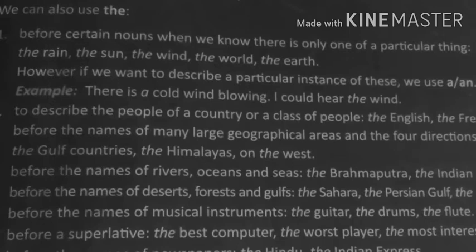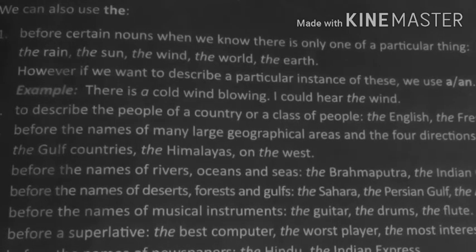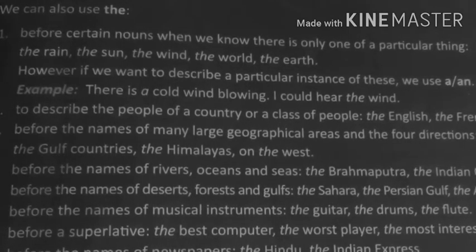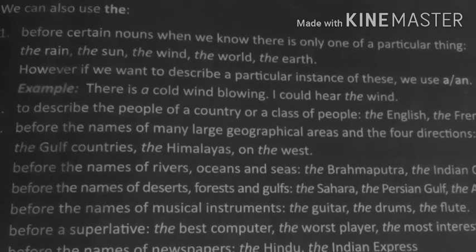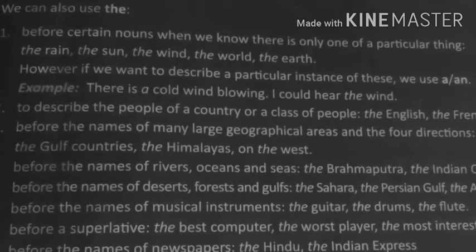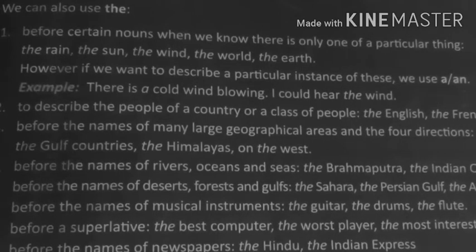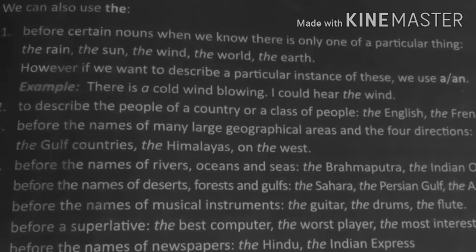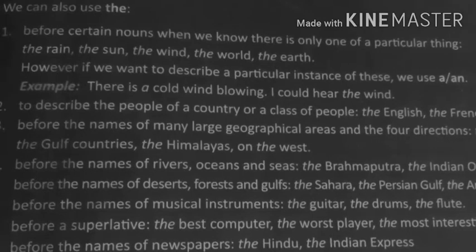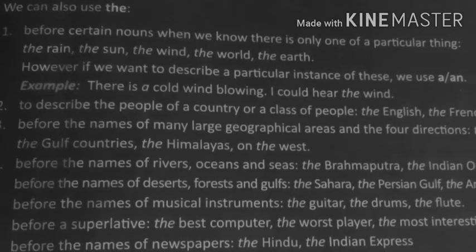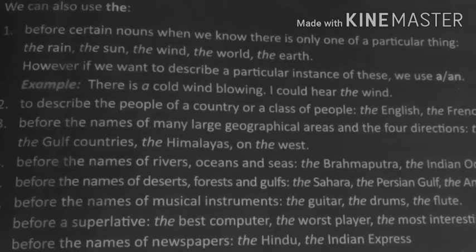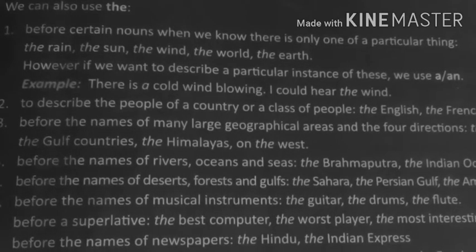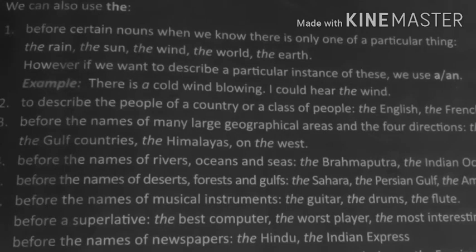Let us know some more examples of where it is used and how it is used. We can use the before certain nouns when we know there is only one of a particular kind of thing, or we can say universal truth, or referring to nature, like the rain, the sun, the wind, the world, the earth.